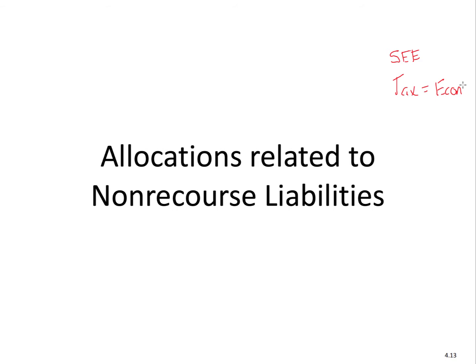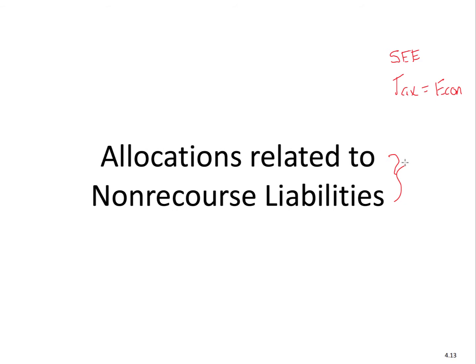In this part, we're going to talk about the allocations related to non-recourse liabilities. What you're going to see is that the substantial economic effect rules generally do not work, and I'll explain why in this presentation. Same thing with book-to-tax disparity, which will be part 3 of the series.